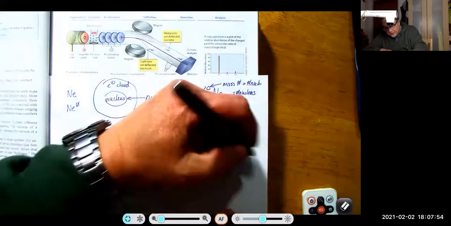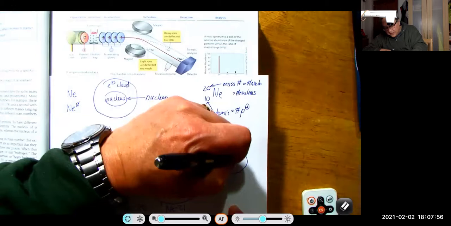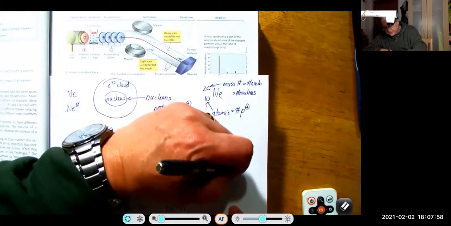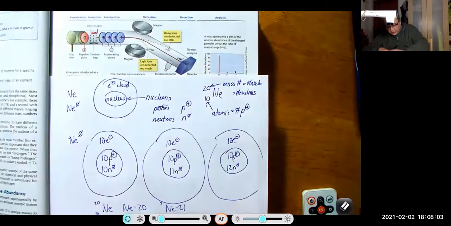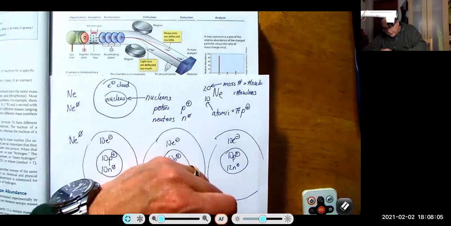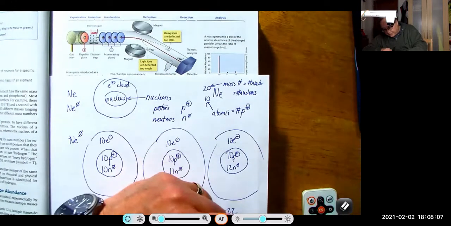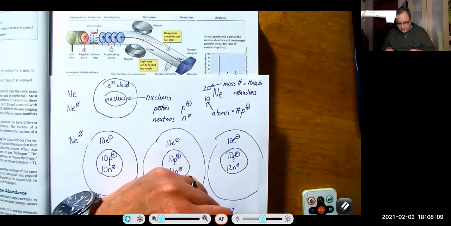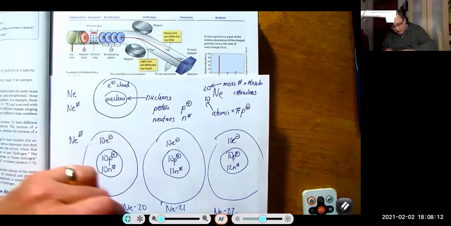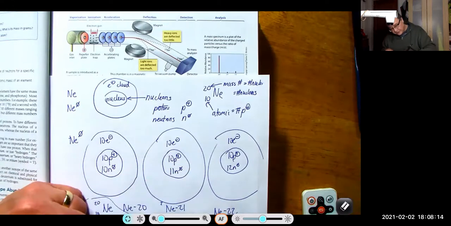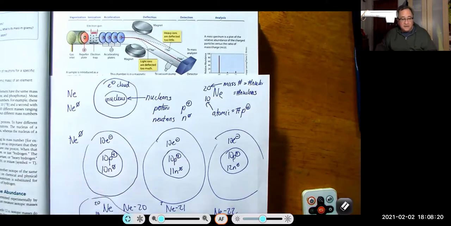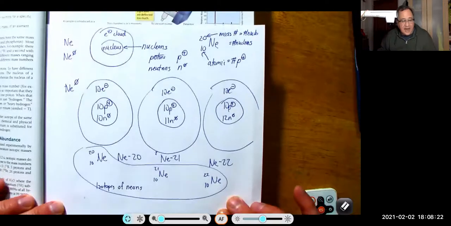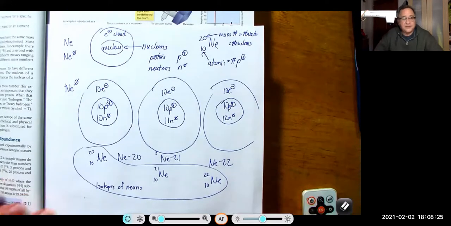There's a third neon that has 10 protons, 12 neutrons, and 10 electrons. Again this is neutral, and it is neon 22. So these guys are isotopes of neon. They're variations of the neon atom, 3 different types.